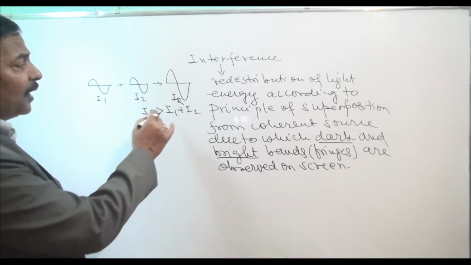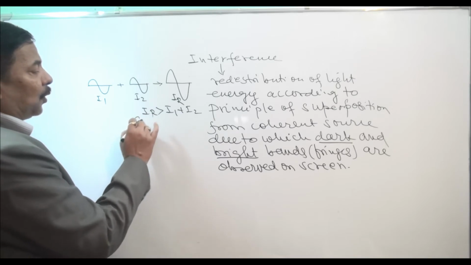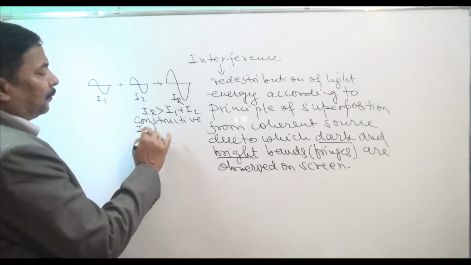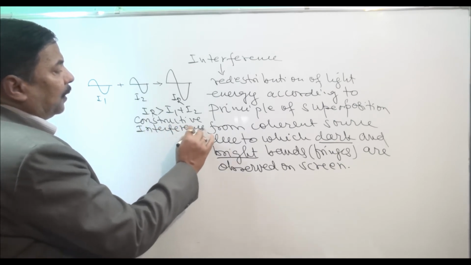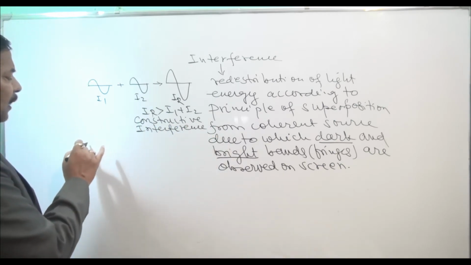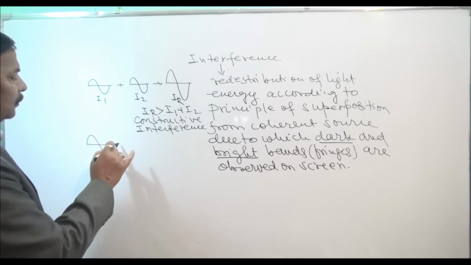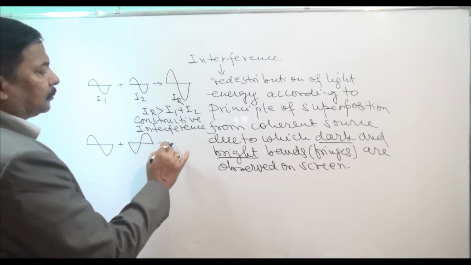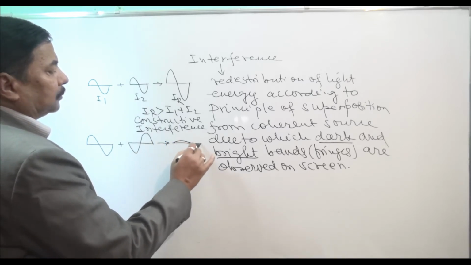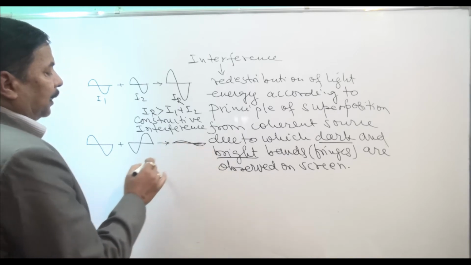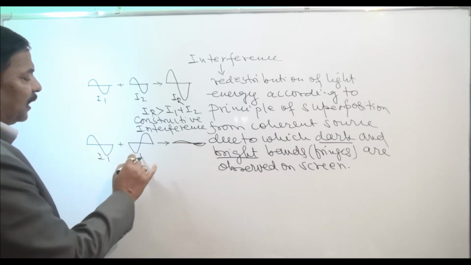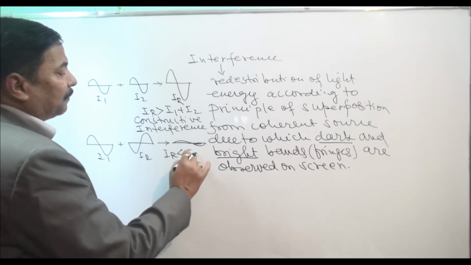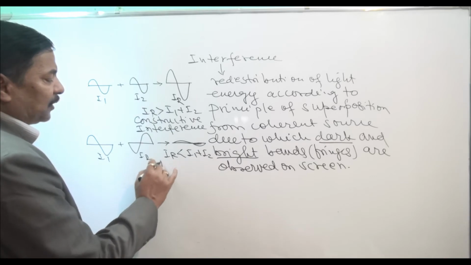And this is the case of constructive interference. At the same time, if here the intensity is I1, here the intensity is I2, and here the resultant intensity is less than I1 plus I2, this is your destructive interference.